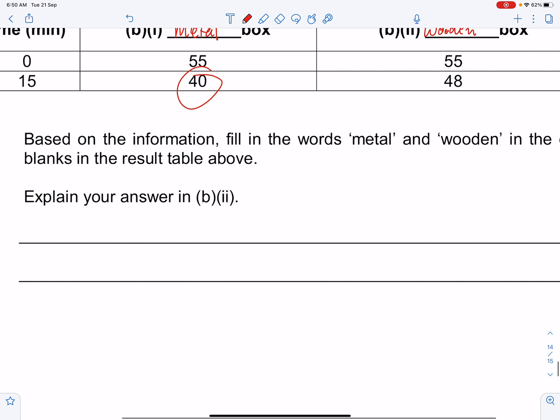I'm going to explain it and just pen it down in words because I did explain to you previously why.